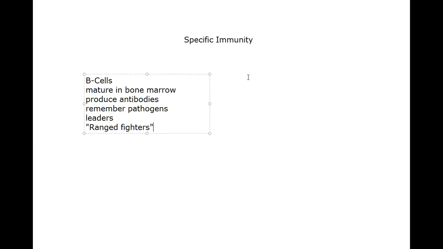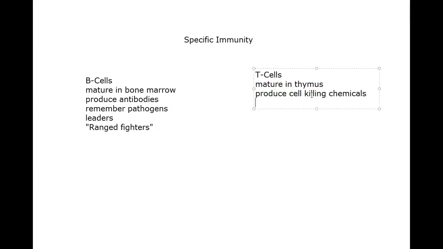The T cells, they mature in the thymus. They do a couple different things. They produce cell killing chemicals. They poke holes in cells. They gather other immune cells. And really, they are the front lines in a lot of cases, right up there trying to do the thing.